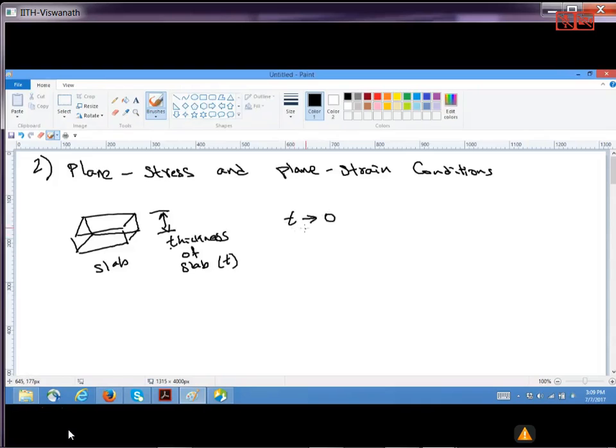That means we are analyzing a piece of paper like this. In this case, you can assume that it's a plane stress condition.